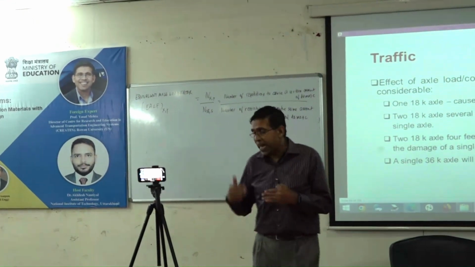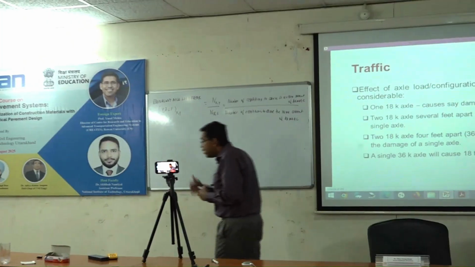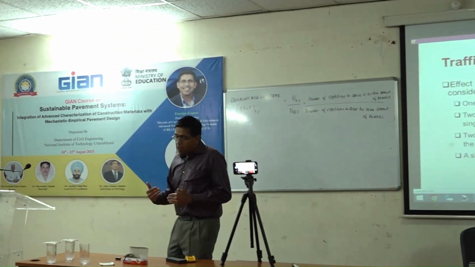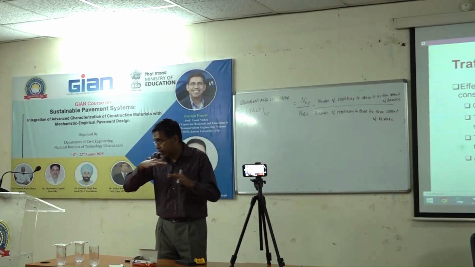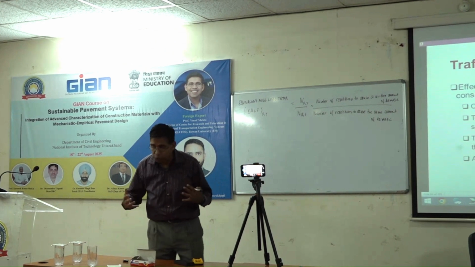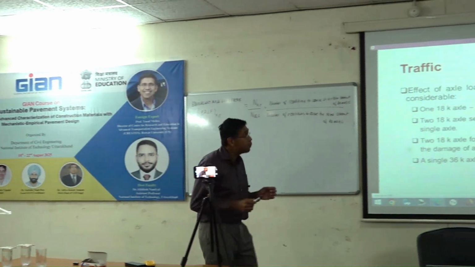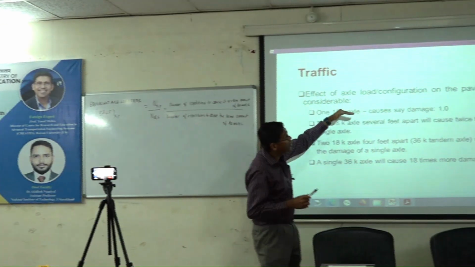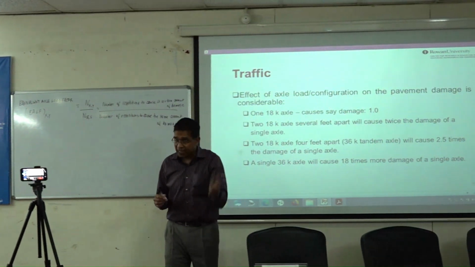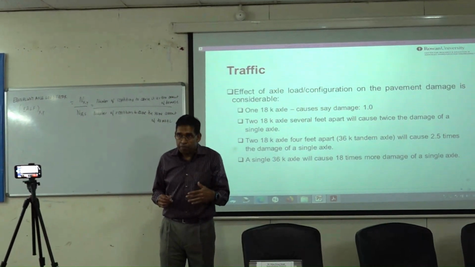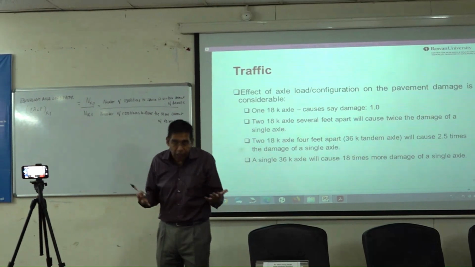So 18 kip single axle on any pavement, you want to start off, because you have to start from somewhere. You have to standardize something, otherwise you have too many moving parts. So yes, 18 kip single axle will always cause damage of 1 the way it's calculated. In real life it will not, but somehow you have to normalize it.